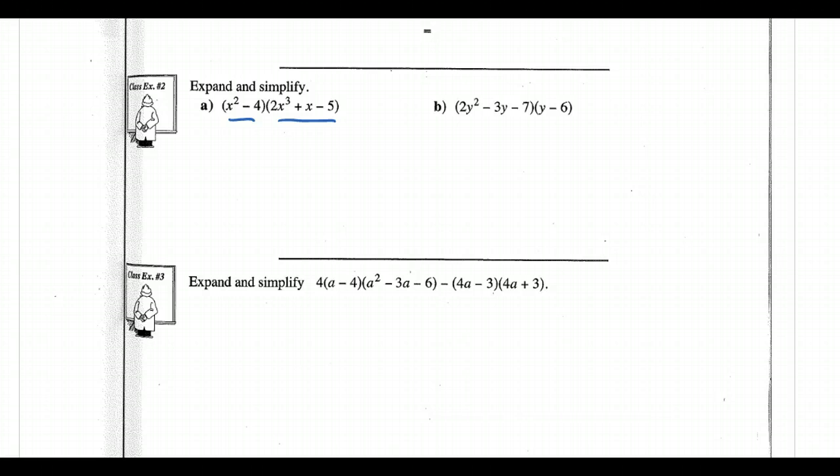So again, it helps to draw your arrows. Key thing to keep in mind is that every term has to multiply with each other.